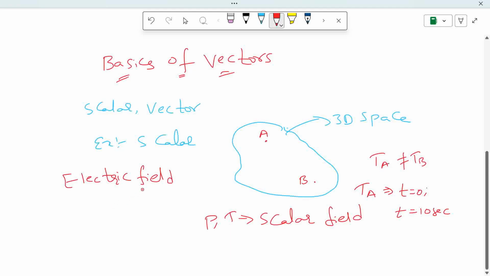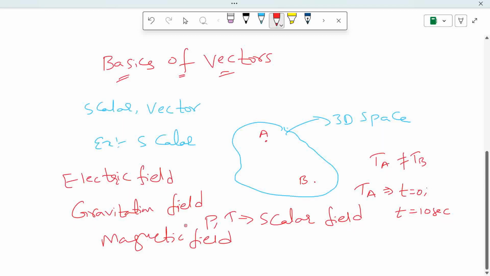So that's why we call it a field, and we write it as a function of time and also position. That's why we also call it the gravitational field or magnetic field. Essentially, whenever you hear field, you must get the notion of this variation with space and time.